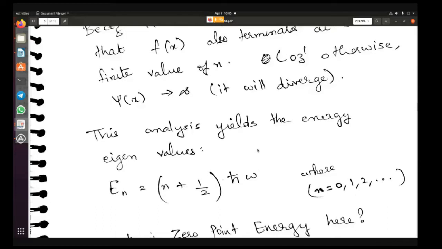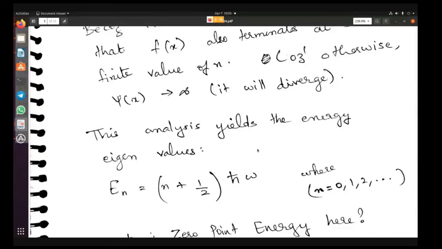In quantum mechanics, as we have seen earlier, the energy of a particle cannot be zero. If it is zero, then it violates the Heisenberg uncertainty principle. Because if the energy of a particle is zero, it means that the particle is not moving, which means that momentum is zero. And because the particle is not moving, the position is also known.